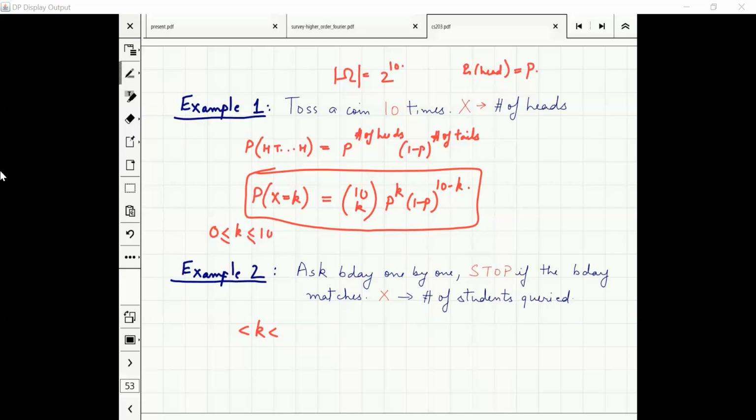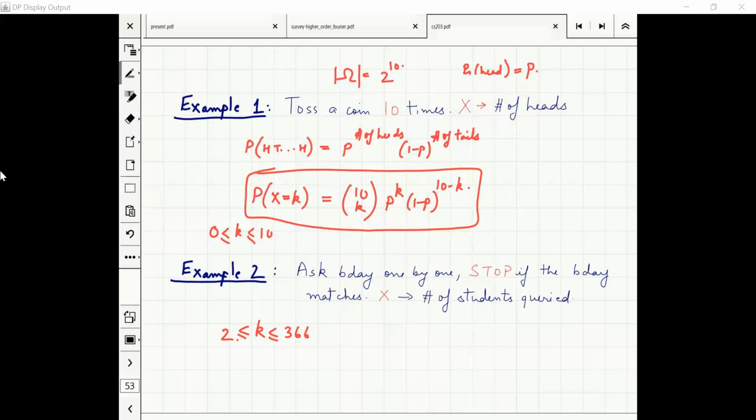Thank you, sir. And so what are the possibilities for k? 2 to 367. Okay, so assume we have 365 days, and that it's not a leap year. Then 366 is fine, right?